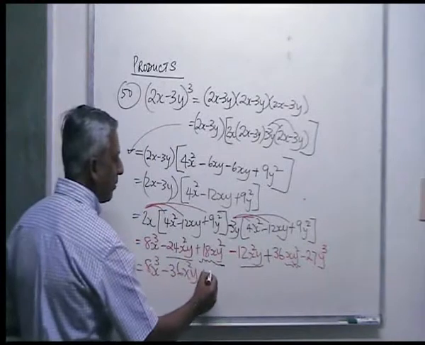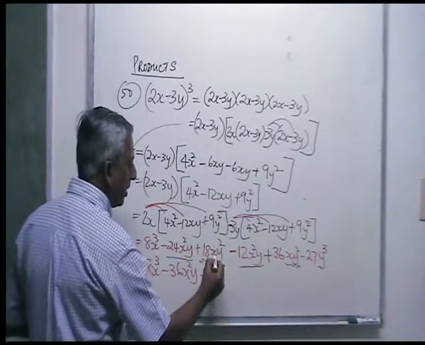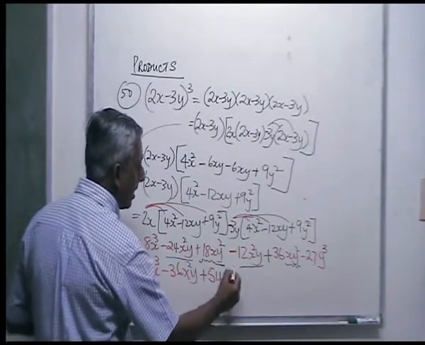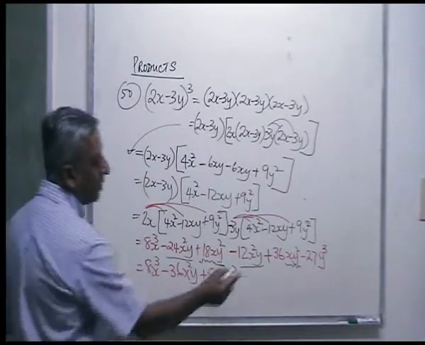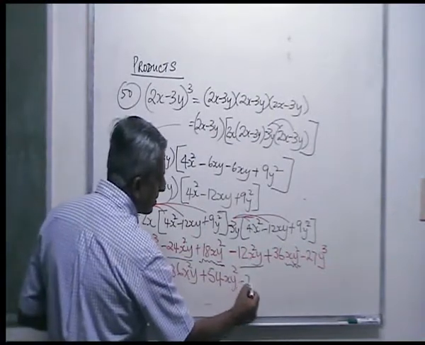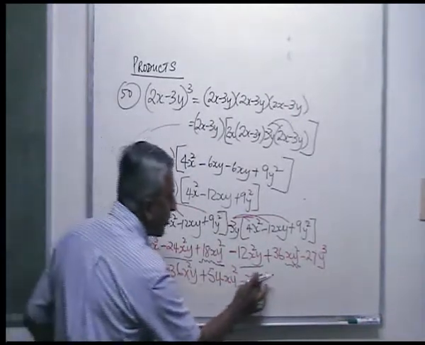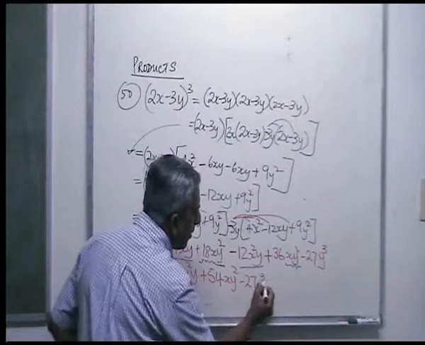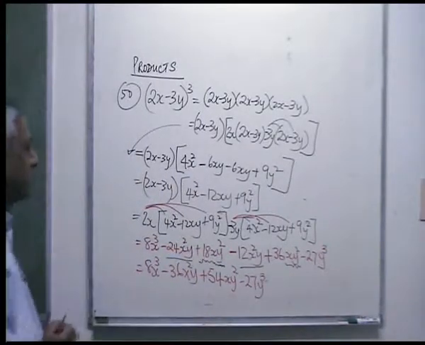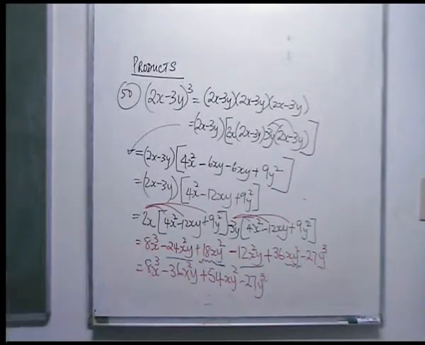You're adding them up, you get plus 54xy squared. And finally, what is left in the end? Minus 27y cubed. So, that's your final answer: 8x cubed minus 36x squared y plus 54xy squared minus 27y cubed.